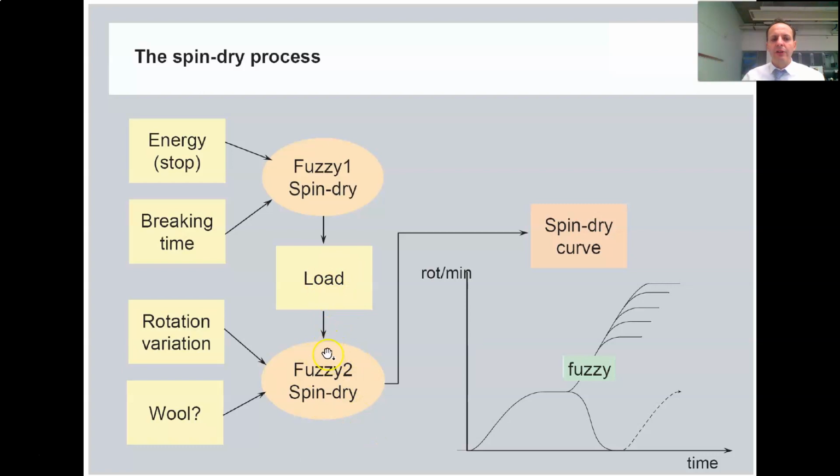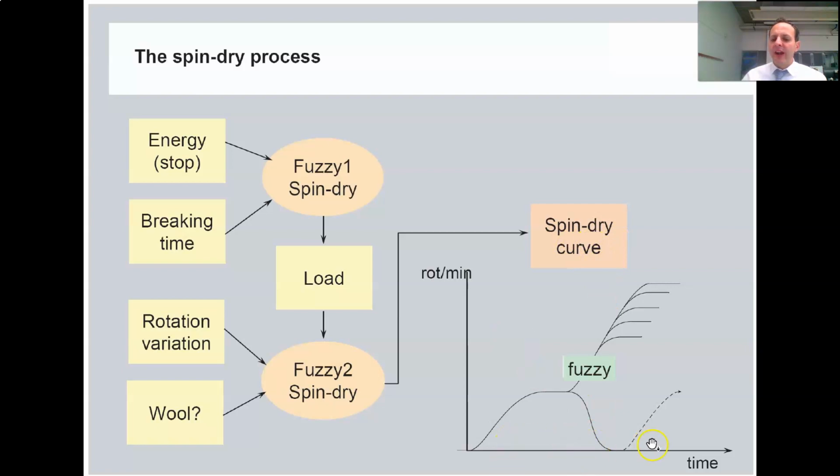so depending on the load and the program, another controller is taking into account the rotation variation depending on, for example, the level of the load and the type of your cloth, and then it generates what we call the spin dry curve.